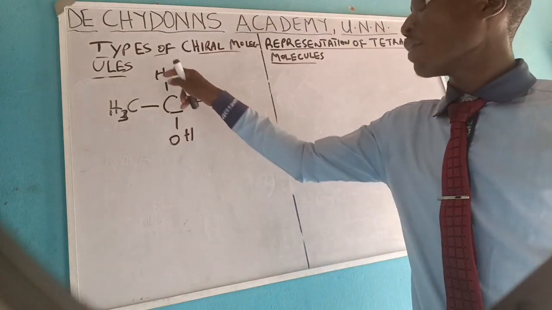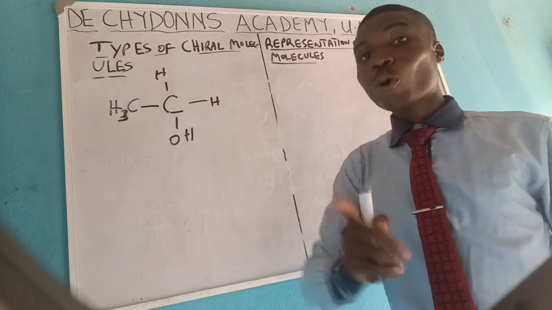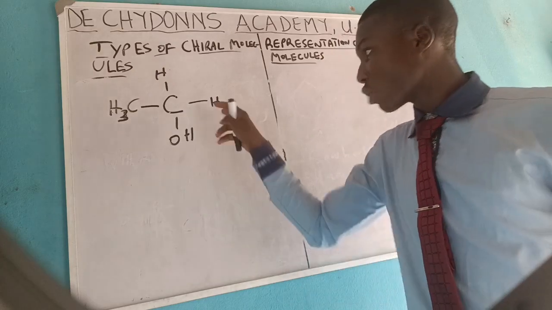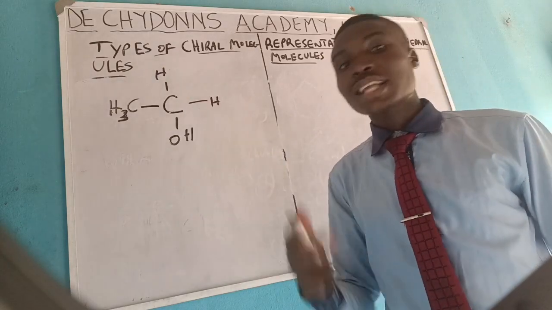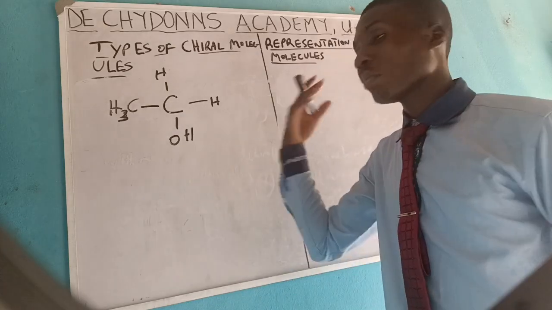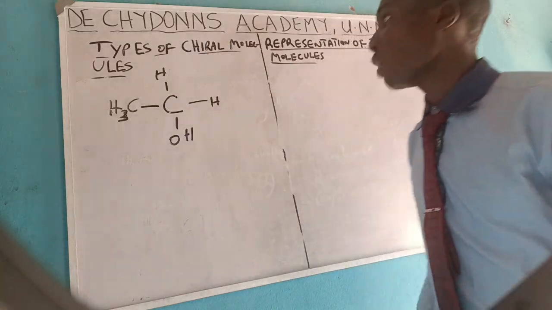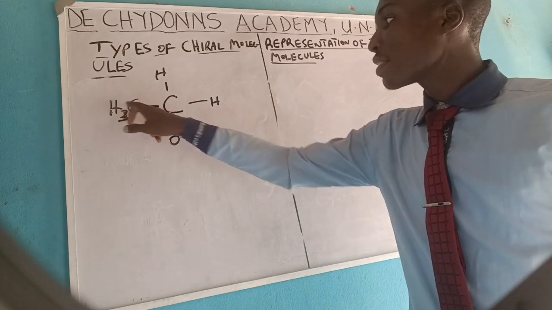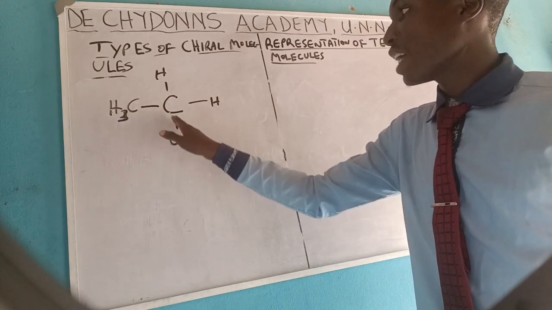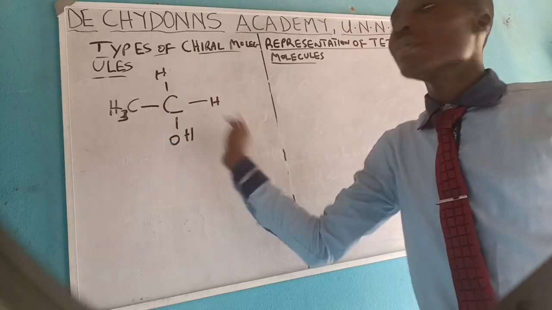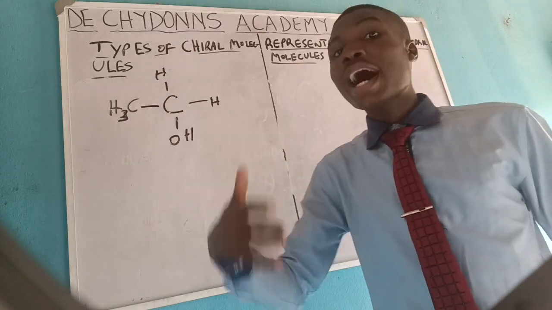Since we have hydrogen and hydrogen, automatically this carbon is not a chiral center, because we have two substituents that are similar. Automatically it cancels out chirality. Remember what we talked about in the first point. It means we can have an axis of symmetry that cuts through this. The moment you have an axis of symmetry that can cut through this, you have hydrogen on this side, hydrogen on this side. It means that the mirror images are superimposable.